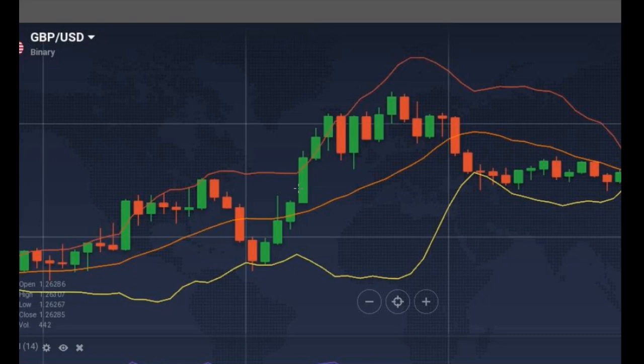The lesser we go, the more risk tolerant it becomes. For those who are risk averse, you might want to opt for the longer time frame, longer expiration time. For those who are risk tolerant, you want to opt for the smaller time frame, shorter expiration times.